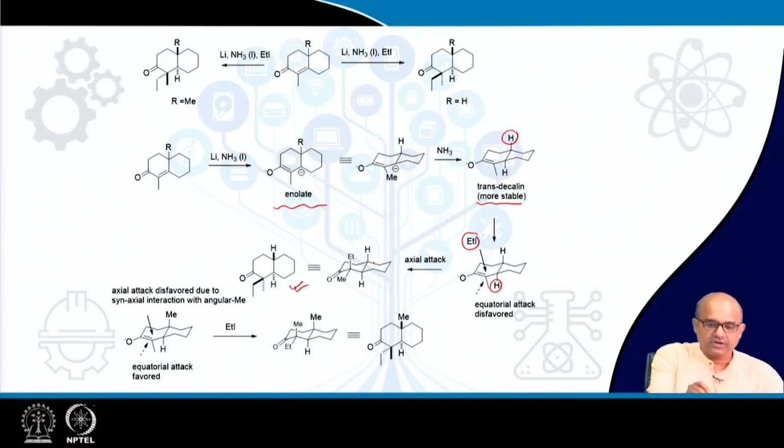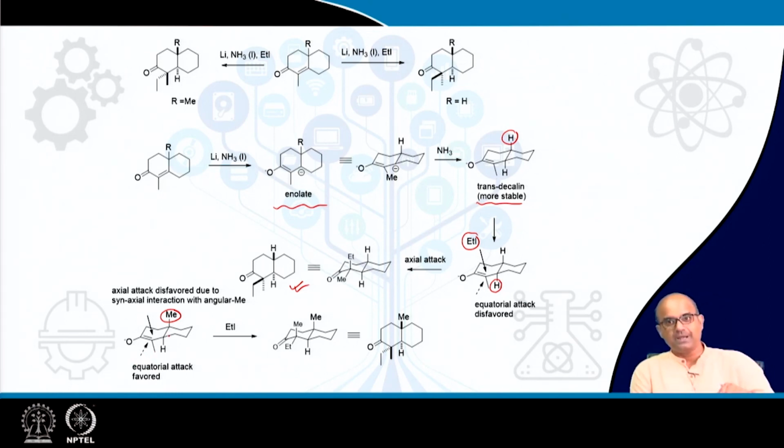Now, the second case, if R is methyl. In the earlier example we said that if the angular position is blocked by the axial methyl, the top attack is definitely not favored. The bottom attack is definitely preferred, though it contains a methyl group, because the angle of approach is not directly contacting.